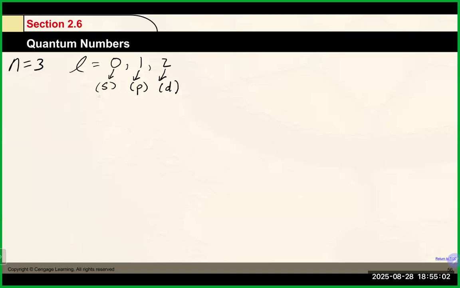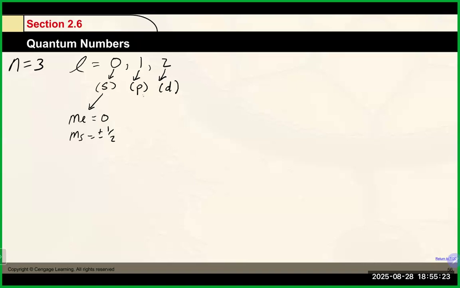Now, for this guy here, just like we did previously, our M sub L will also still be 0, which means on the third energy level, we have s orbitals, which is a 3s orbital. We have one 3s orbital that can have electrons that are either spinning up or down.